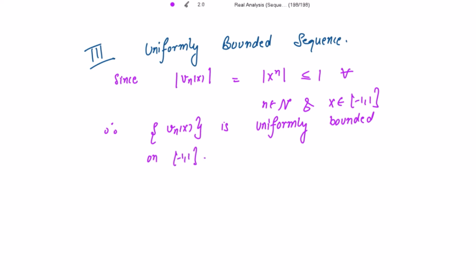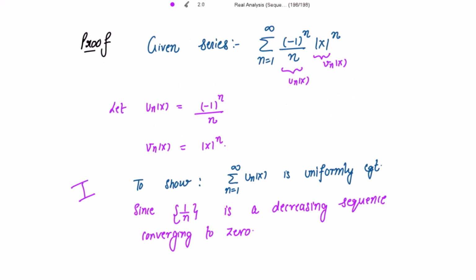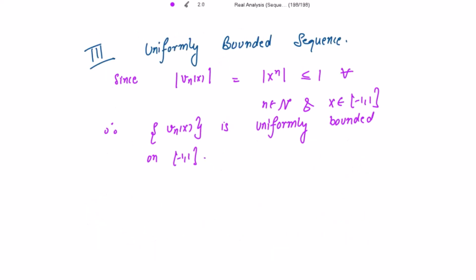Now since v_n(x) is uniformly bounded and it is also a decreasing sequence of positive terms, and here summation u_n(x) is uniformly convergent, so all the three requirements of Abel's test have been proved. So by Abel's test we say that the given series is uniformly convergent.